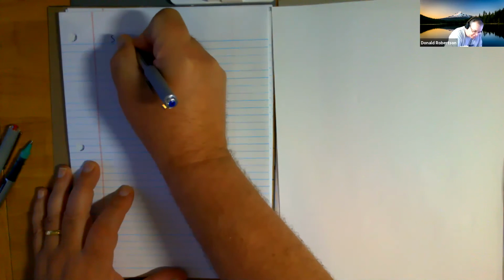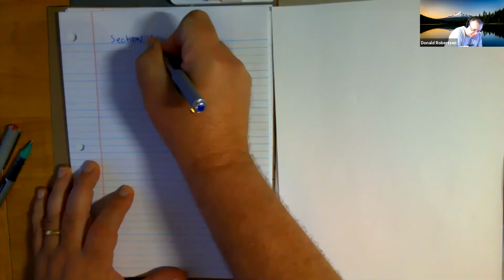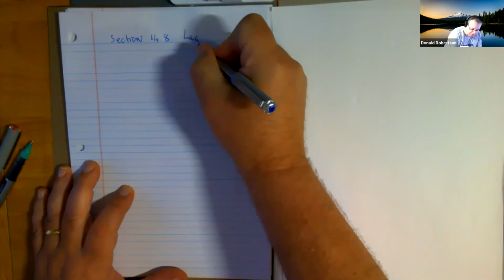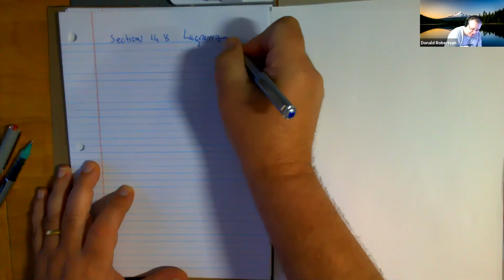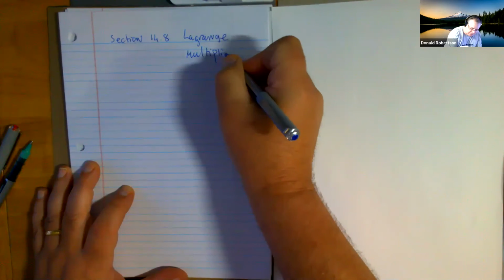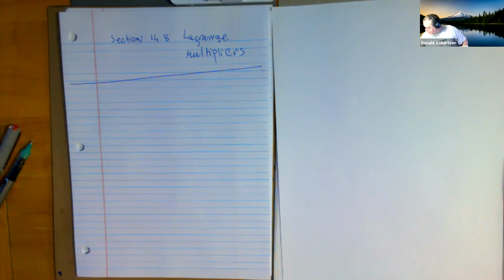So our last section, what we need to do to be ready for our test, is going to be Lagrange multipliers. This is a technique for finding maximum and minimum, absolute maximum and minimums with constraints.